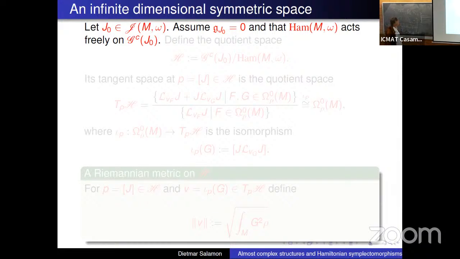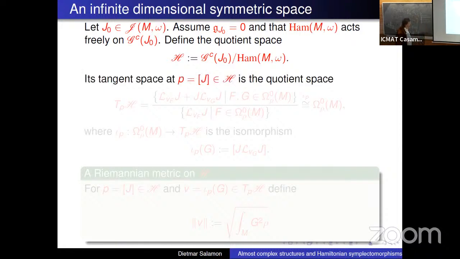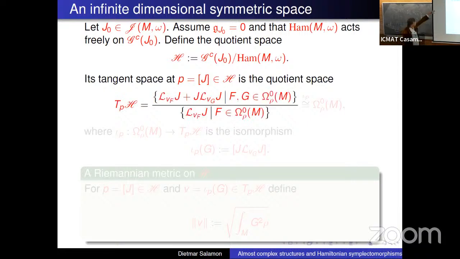So in this situation, one can consider the quotient space of the complexified group orbit by the Hamiltonian group. In the finite dimension setting, that would be the quotient of the complexified group orbit by G. Instead of GC mod G, one takes the group orbit mod G. And the tangent space of this is then just the image of Lj modulo the infinitesimal action of the Hamiltonian group, which is LVFJ.